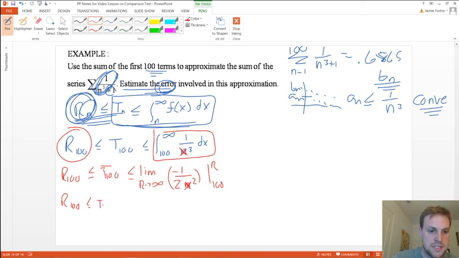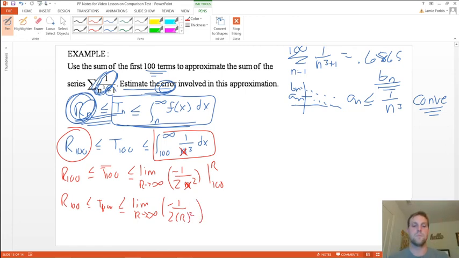R100 is less than or equal to T100, which is less than or equal to, if I do this limit out, the limit as R approaches infinity of negative 1 over 2 times R squared, minus the limit as R approaches infinity of negative 1 over 2 times 100 squared.